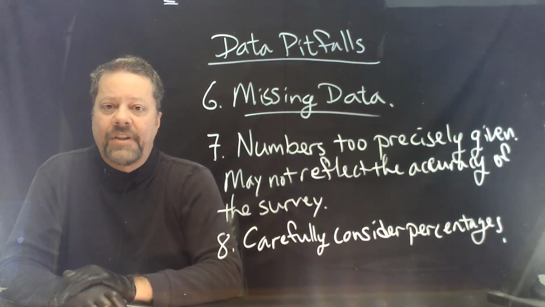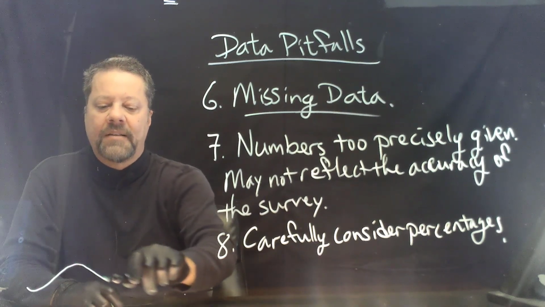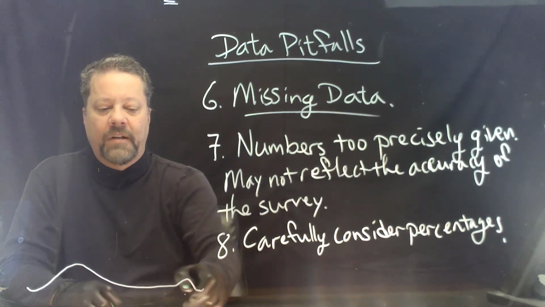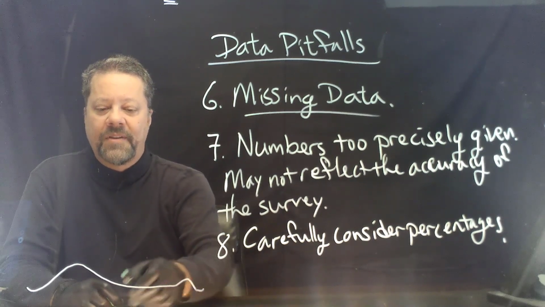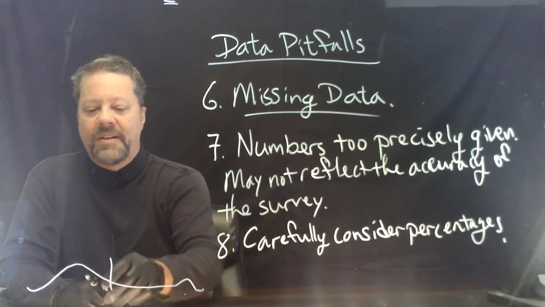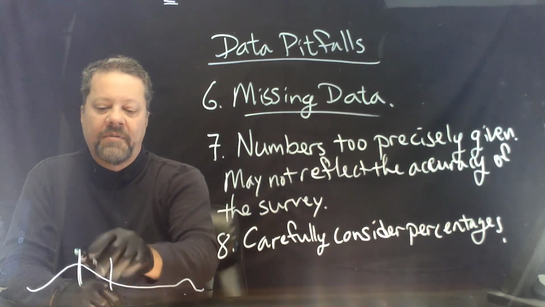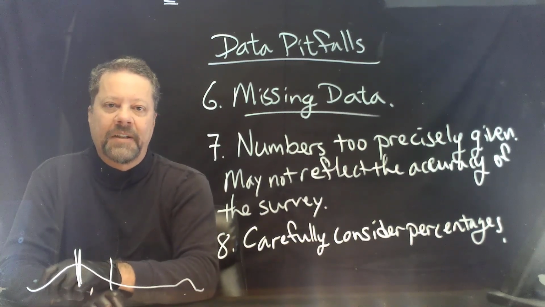And so the average can be pulled way off. The distribution of incomes might look something like this, where you have a little bump here of people with very high incomes. So the average will end up being over here because of the high bump, whereas the median income may be over here, closer to the middle of the group of incomes.